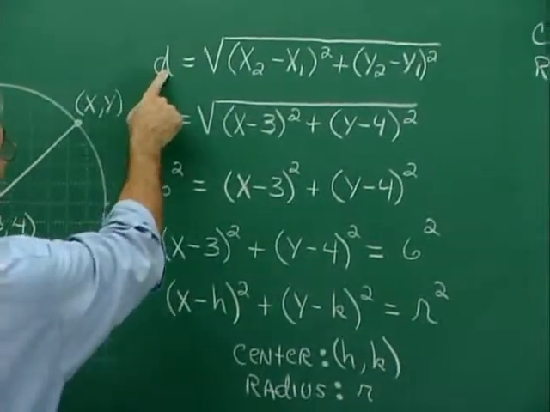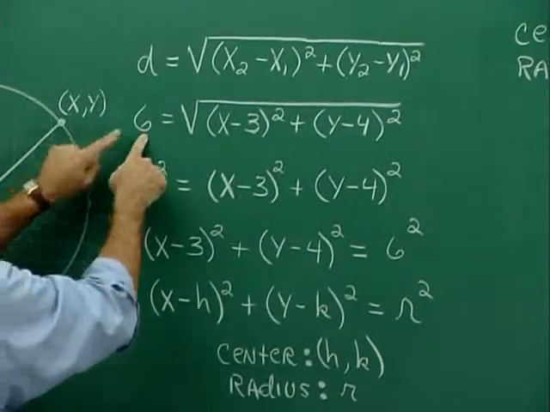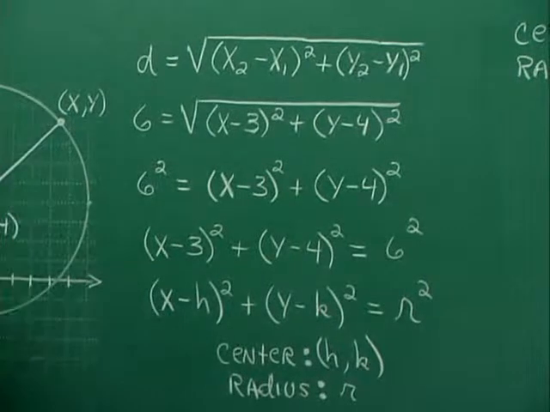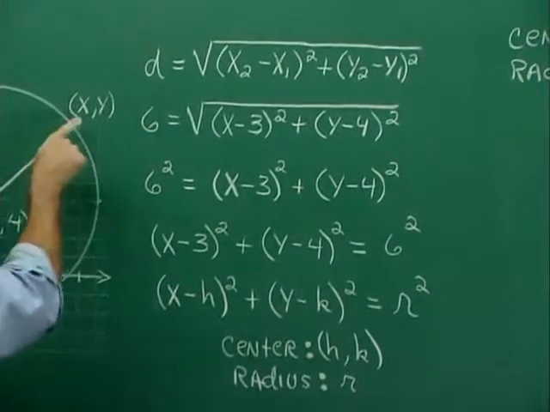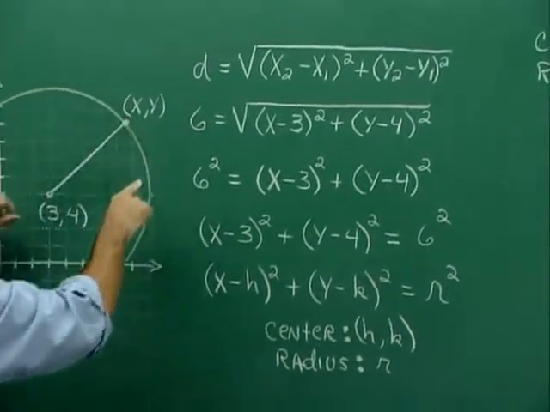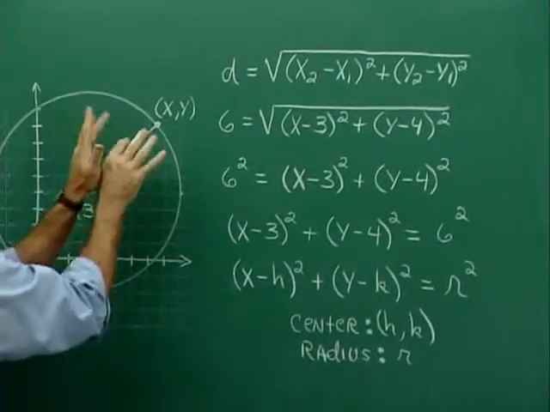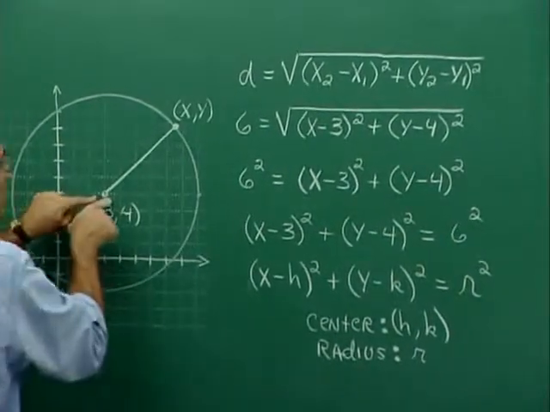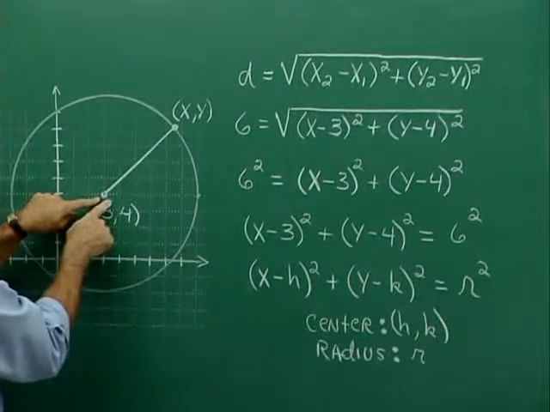Now, the distance that we're talking about is 6, and it's distance from this point to the edge of the circle. All right, the points on the edge of the circle are kind of general xy pairs, but the point in the center is a specific 3, 4.